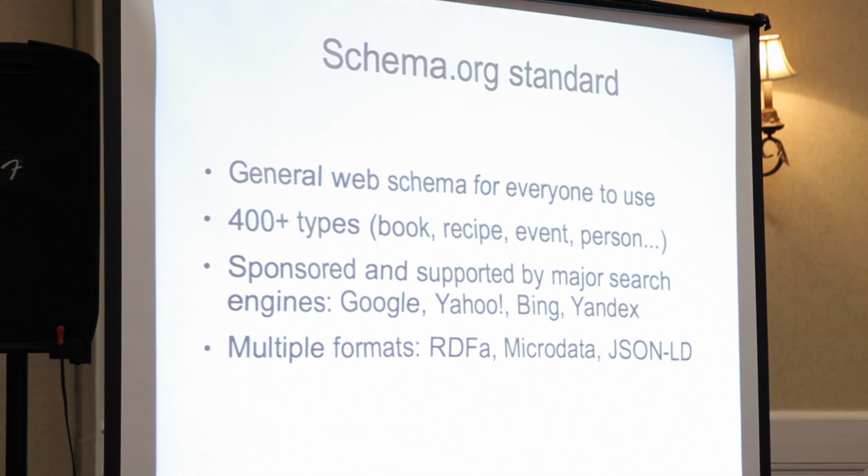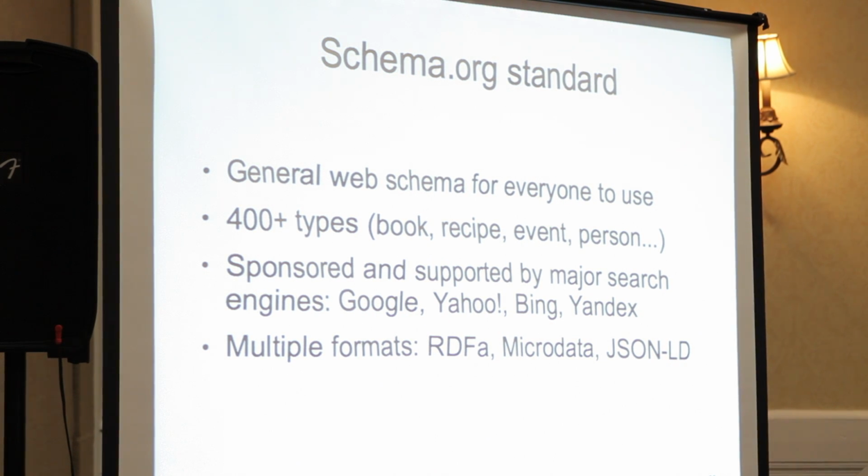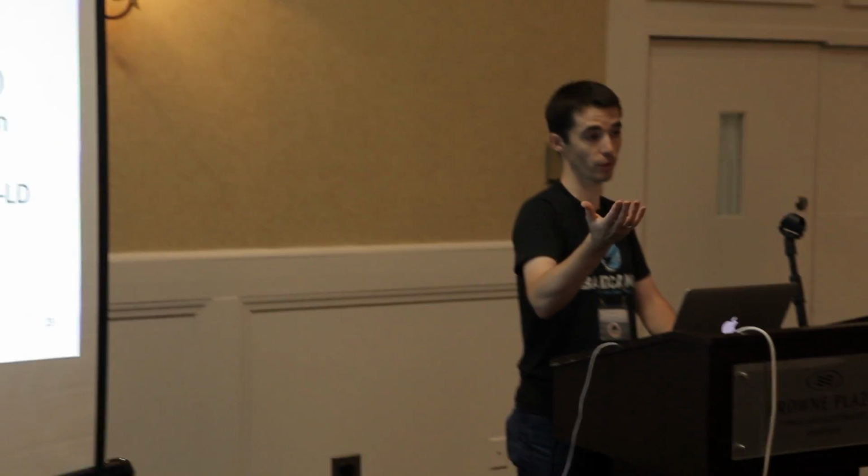To help with that, the Schema.org standard was created in 2011, 3 years ago. You can think of it as a big dictionary of types and properties for describing your content. Schema.org tells you how you can describe books, a person, events, recipes.